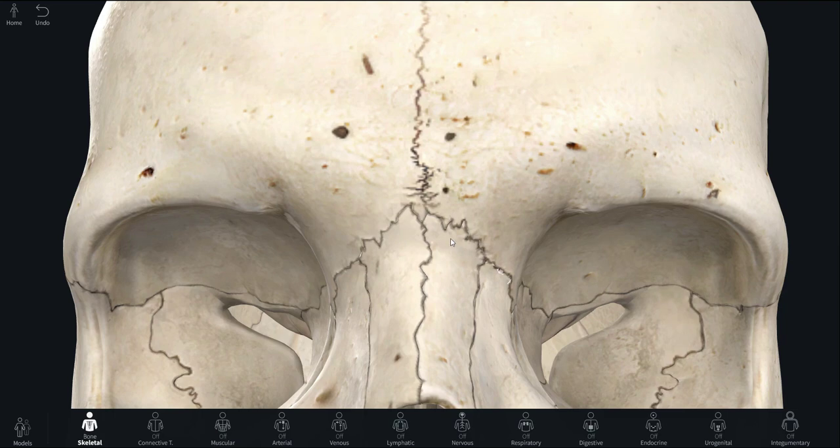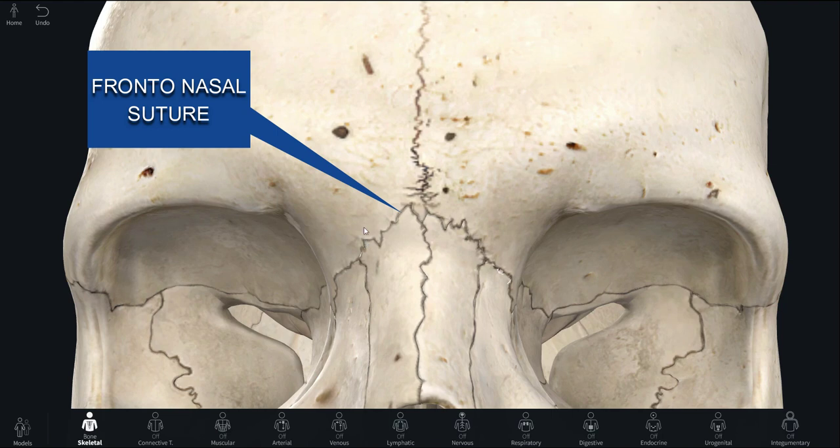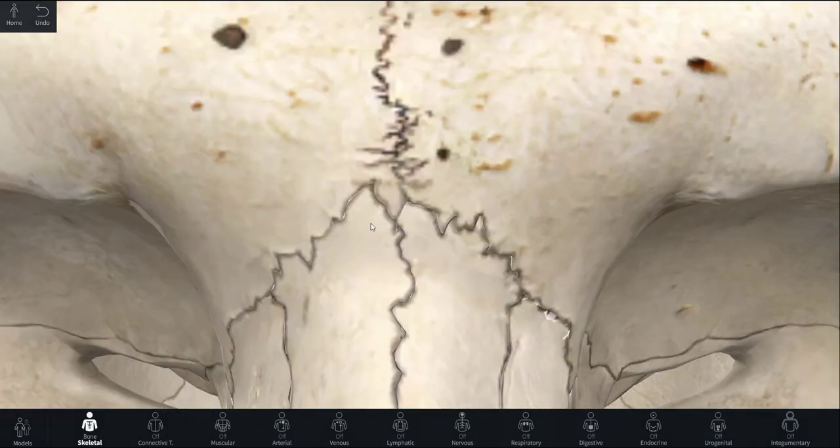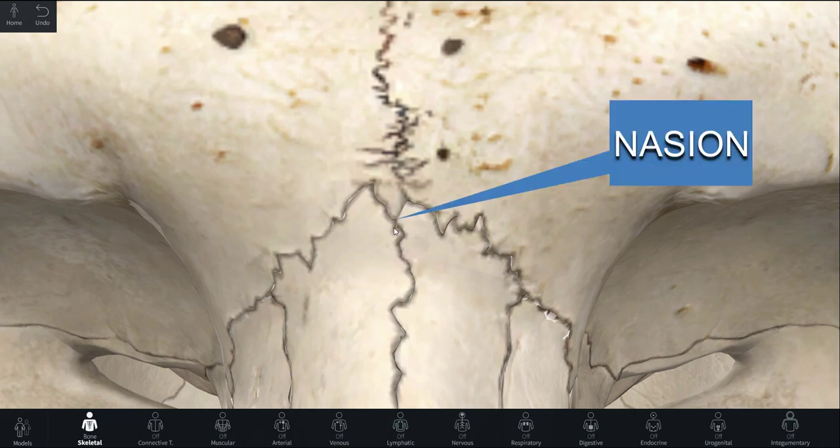So this suture is known as the frontonasal suture. The point where the frontonasal suture meets the internasal suture, this point over here, is called the nasion.